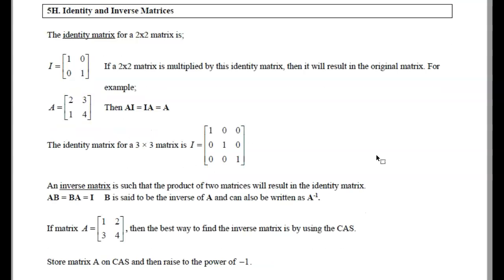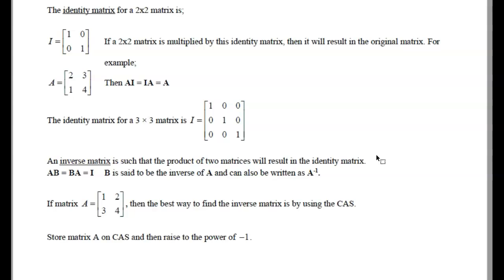All right, moving on to an inverse matrix. Basically, the inverse matrix is what you multiply your original matrix by to get the identity matrix. So when you think about the term inverse, when we're working with normal numbers like, let's say, 3, the inverse of 3 is 1 over 3. So when you multiply 3 by 1/3, you get 1.